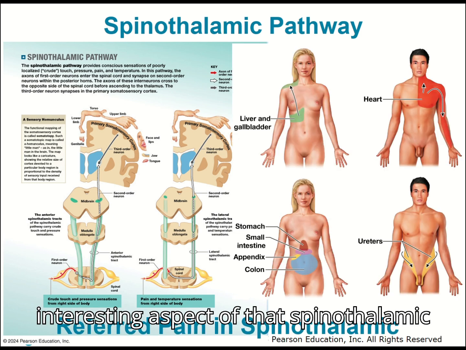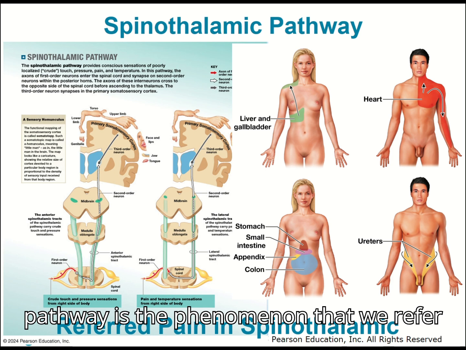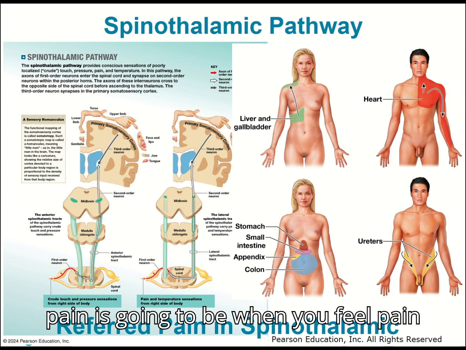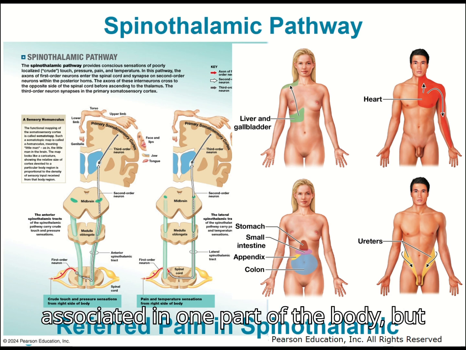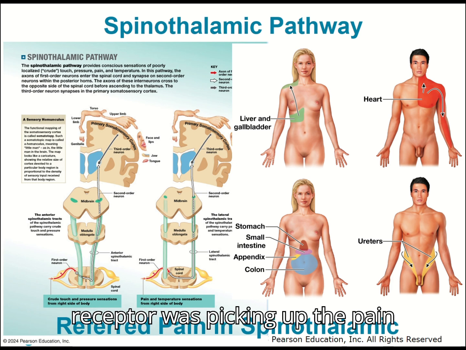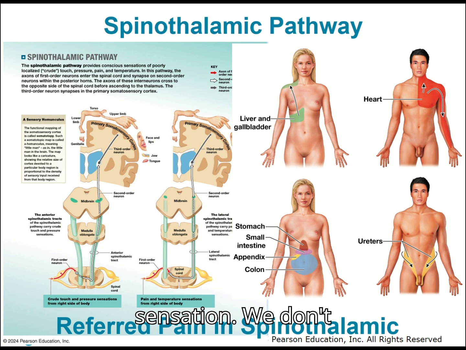Now, one interesting aspect of that spinothalamic pathway is the phenomenon that we refer to as referred pain. Referred pain is going to be when you feel pain associated in one part of the body, but that's not actually where the receptor was picking up the pain sensation.